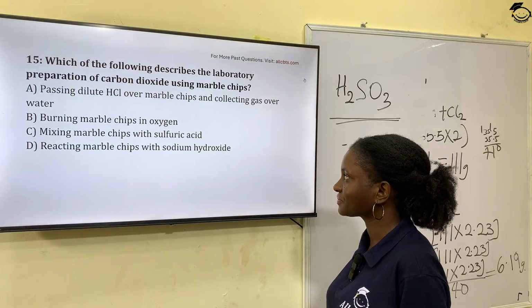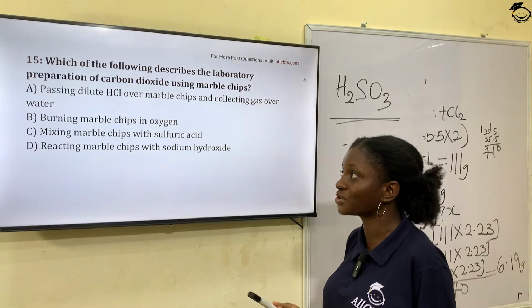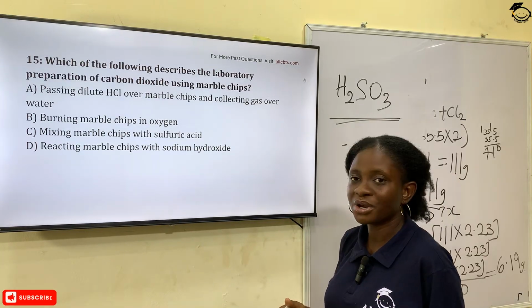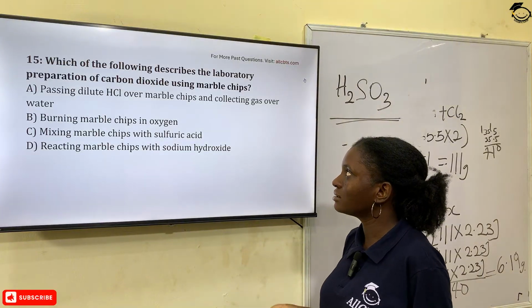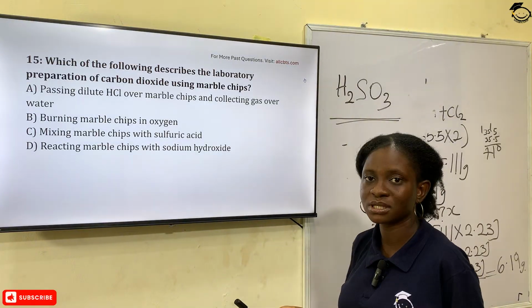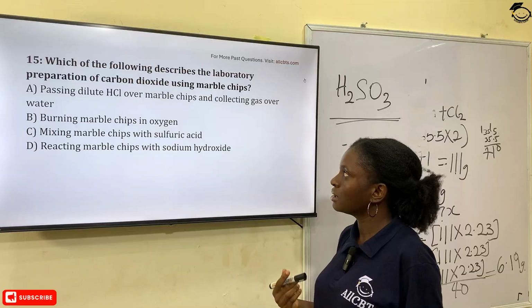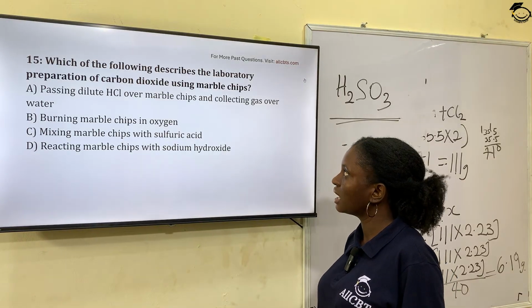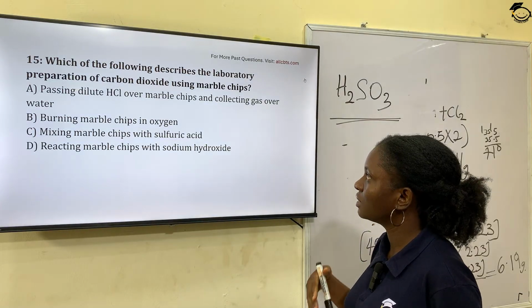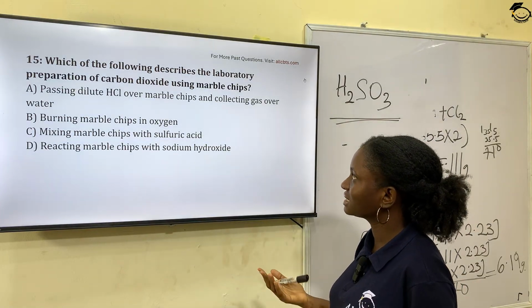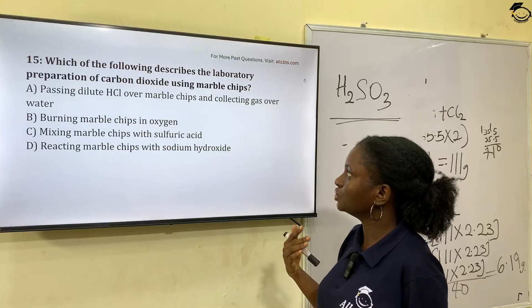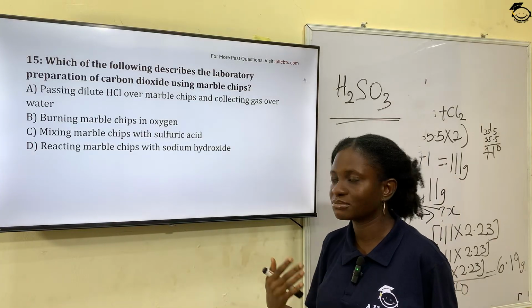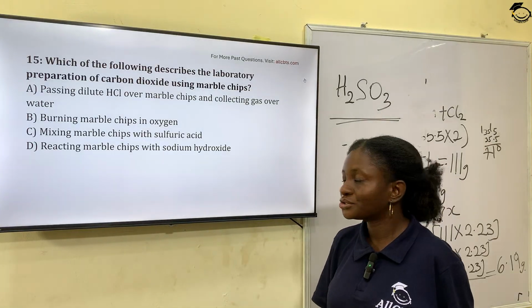Question 15. Which of the following describes the laboratory preparation of carbon dioxide using marble chips? What are marble chips? They contain calcium carbonate. This question is asking how carbon dioxide is prepared in the laboratory.